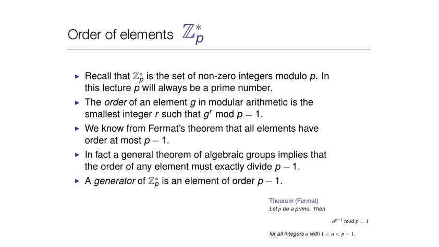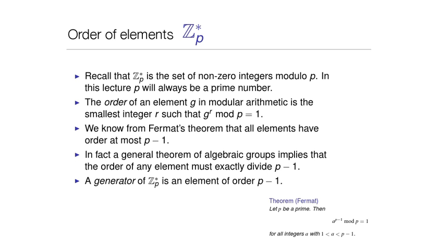In fact, a general theorem of algebraic groups implies that the order of any element must exactly divide p minus 1. That's according to group theory. A generator of Zp is an element of order p minus 1.